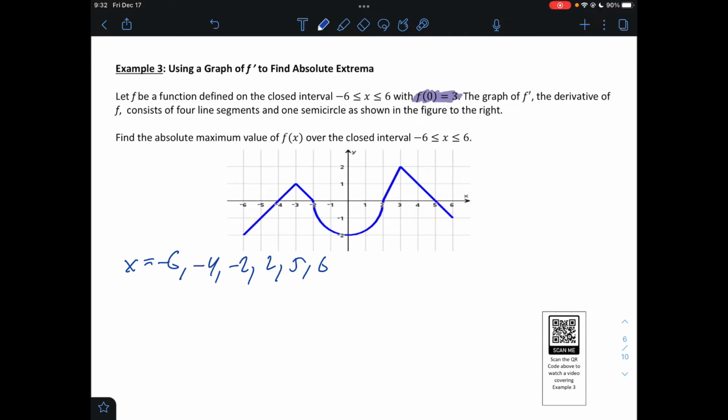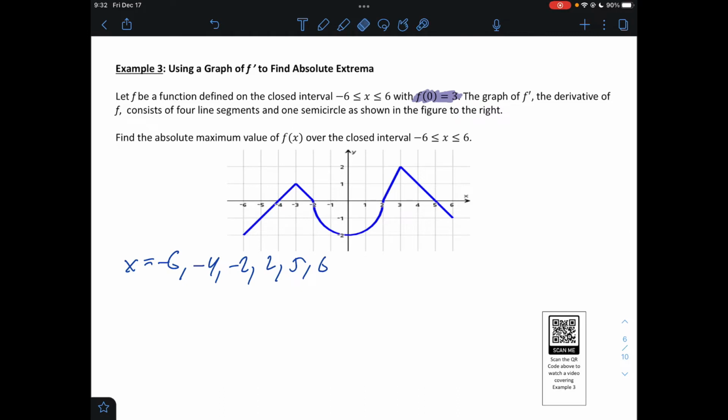Now remember, anytime a derivative changes signs, that's where possible extremas are. That's why negative 4, 2, and 5 are possible extrema, because the derivative's changing signs at those points. But we're looking for a maximum. So a maximum would have to occur when the derivative changes from positive to negative. So 2 of these we can get rid of.